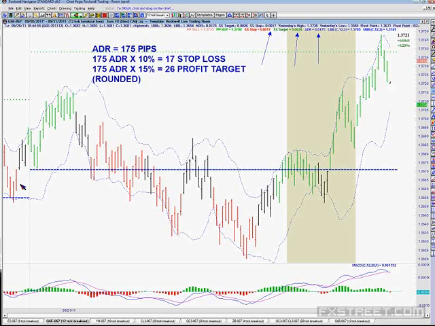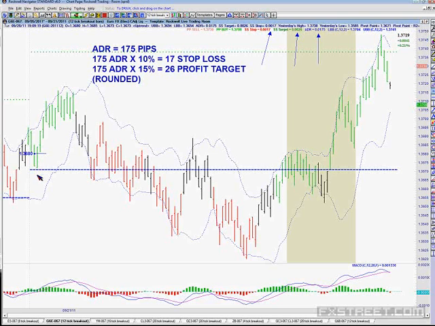Now, starting at the very beginning of the day, this was the first bar that completed for the session. It's green. So based on our MACD rules, we look at an entry at 36.80. And this is just to give an example of the average daily range target and stop loss. 36.80 would be an entry point.